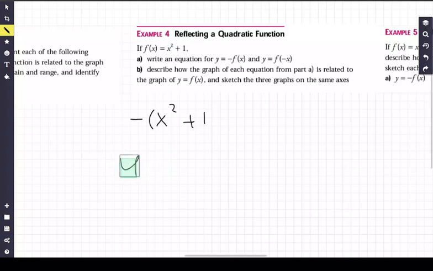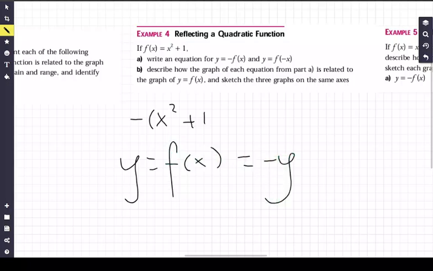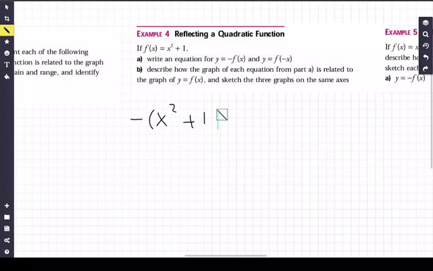Say I set y equals f of x, and then I give you negative y, and y is equal to x squared plus 1. You treat this as a bracket, and then you're inputting this as a value in there. So now we're putting this bracket here, and that would give us negative x squared minus 1. That would be our transformation.